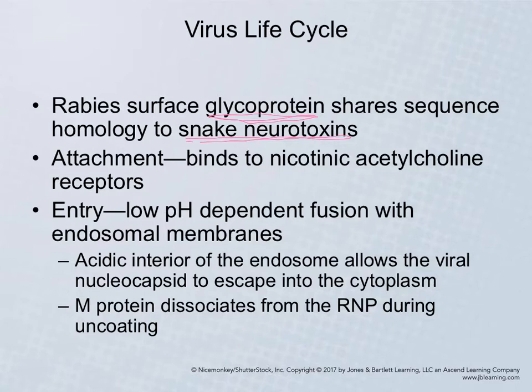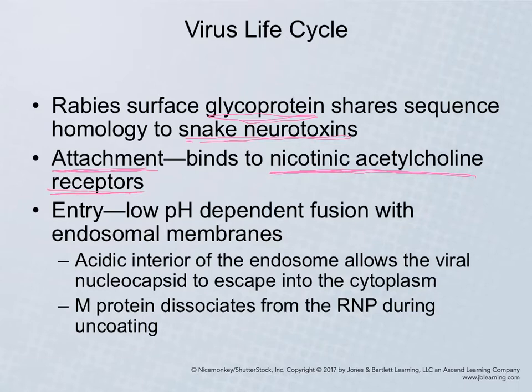And that discovery led to the identification of the receptor for the rabies virus. Attachment of rabies virus initially is going to be through binding to receptors that are found in your muscles, and that's the nicotinic acetylcholine receptor.